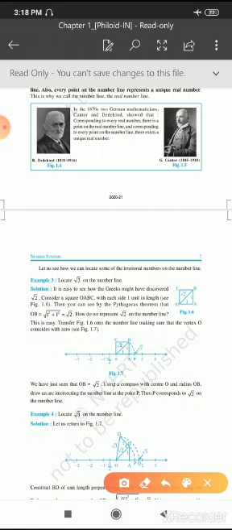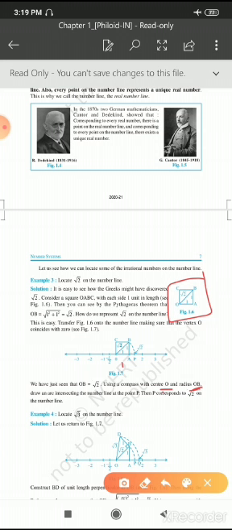Now to represent this root 2 on number line, let us replace this square on number line. OA is equal to 1. So the distance between O and A is 1. Now we know that the length of OB is equal to root 2. So to represent this root 2 on number line, what we have to do is take O as center and OB as radius and draw an arc intersecting the number line.